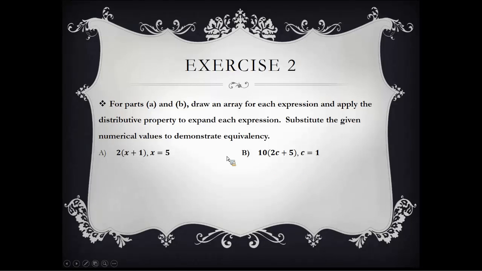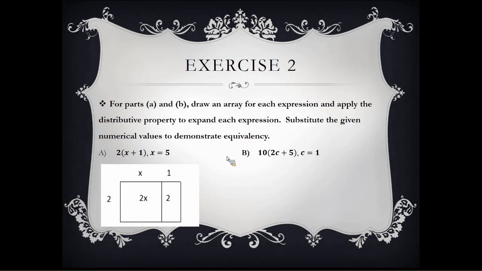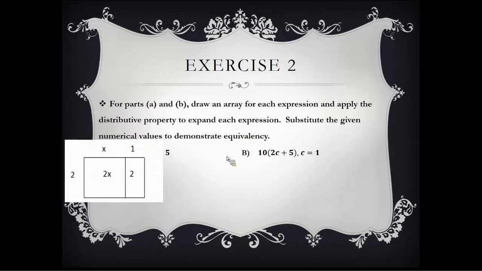So for part A, 2 times the quantity x plus 1. Using a tape diagram, the rectangular array, we have 2 times x, which is 2x, 2 times 1, which is 2, and we would add our two quantities together.